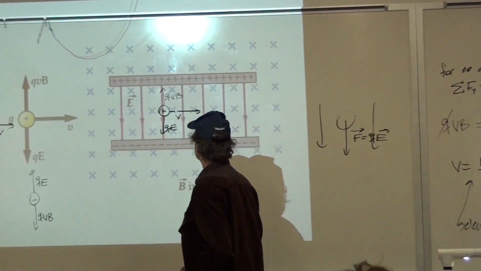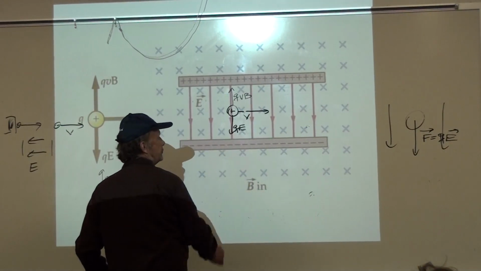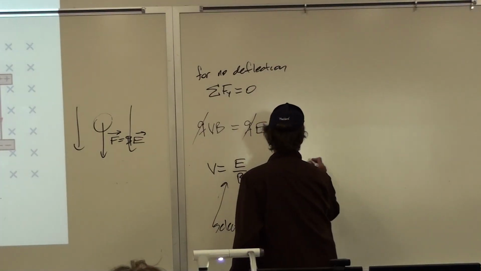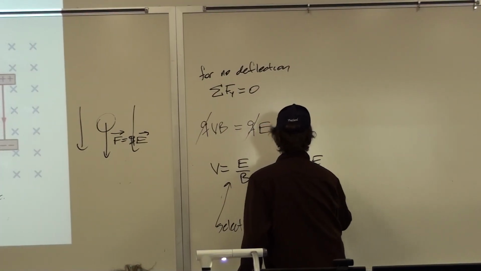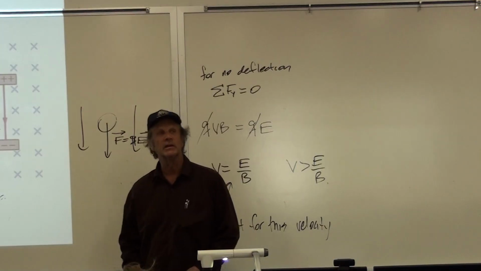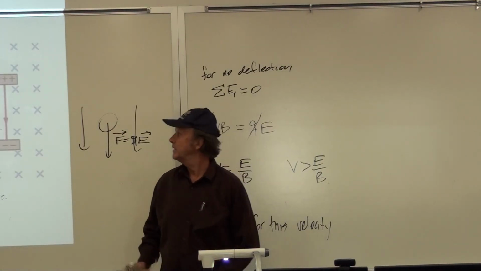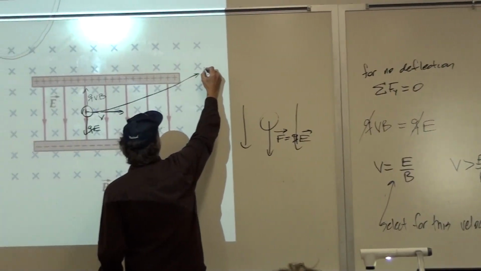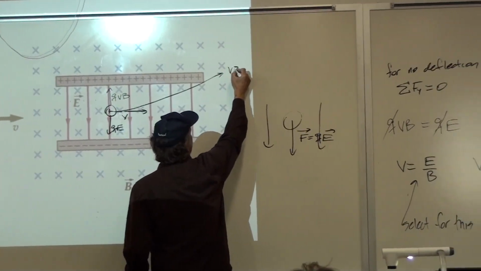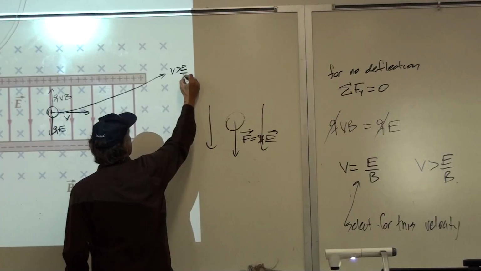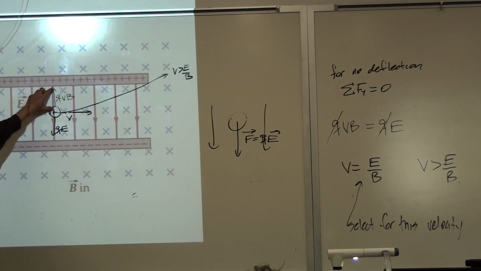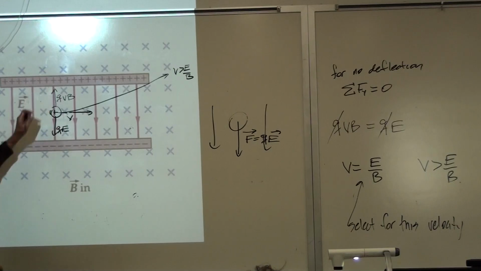If the velocity is too high, the velocity is greater than E over B, what is the particle trajectory? It's going to curve up. So this is the trajectory if V is greater than E over B. Because then the magnetic force is going to dominate over the electric force.